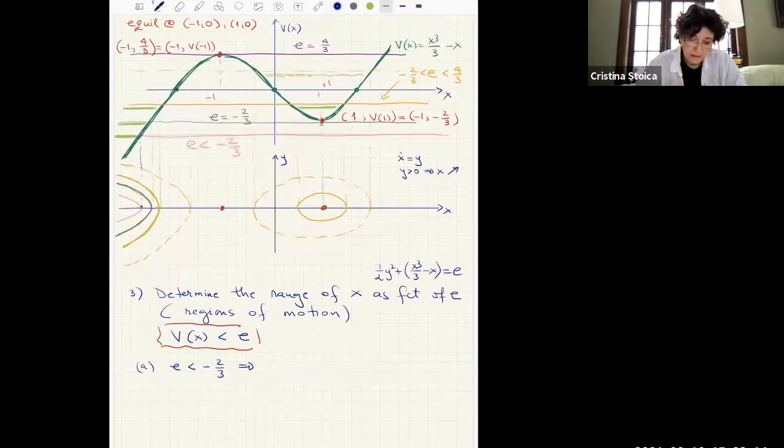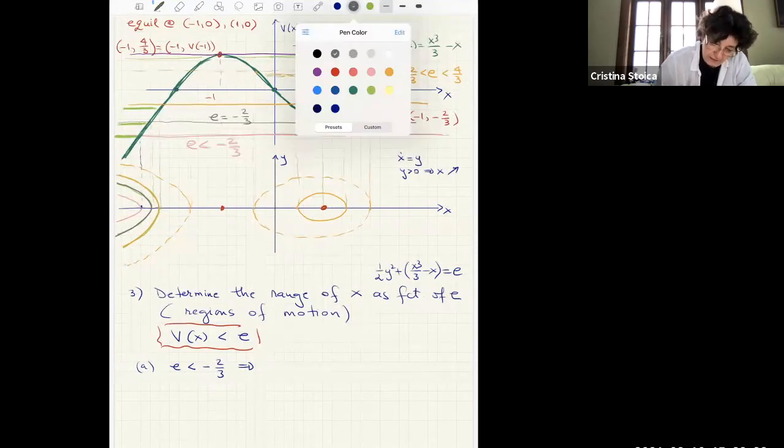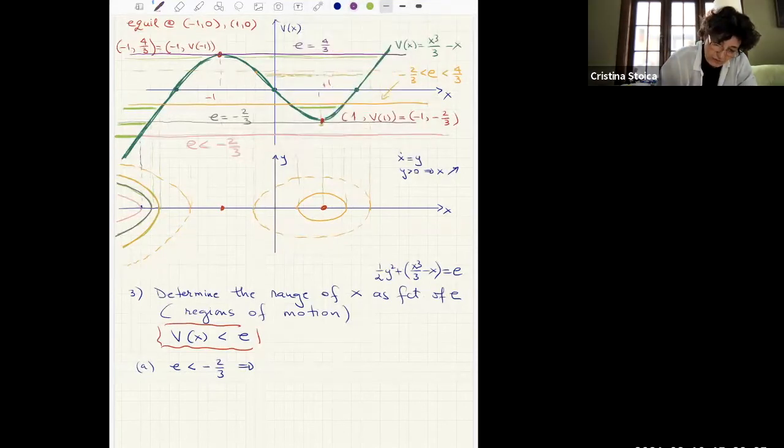Okay, so here we are at E equals 4/3 up there, and the same thing. So where am I allowed to play? Oh, I'm allowed to play here and here, and I have that point in the middle, that point. Okay, so let's do them with purple. So here is the purple, right?